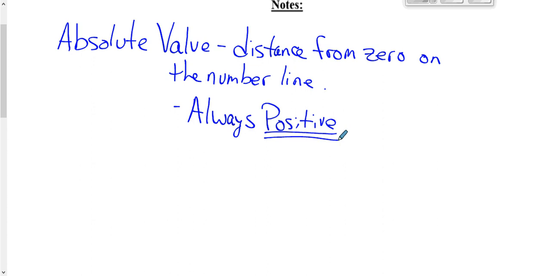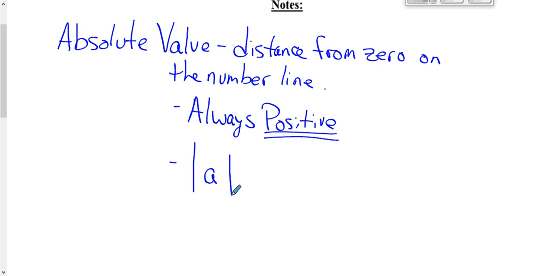Anyway. And the notation looks like this. It's kind of like brackets, right? But they're just straight lines. If I write the following, see that? Just straight lines on either side of it, and that's the absolute value of A. And A is just any number you want to put in there. We can talk about some examples of numbers.